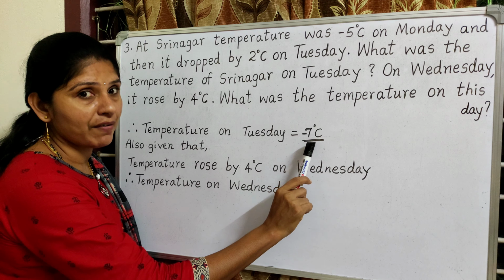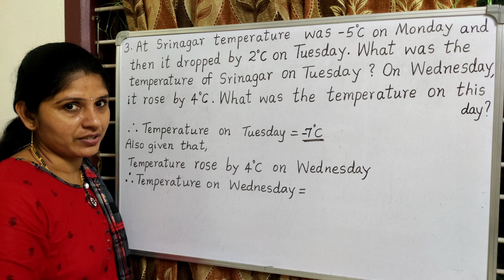On Wednesday, the temperature increased by 4 degrees Celsius. Therefore, temperature on Wednesday. To find out the temperature on Wednesday, we have to add the increased temperature 4 degrees Celsius to the temperature on Tuesday minus 7 degrees Celsius.